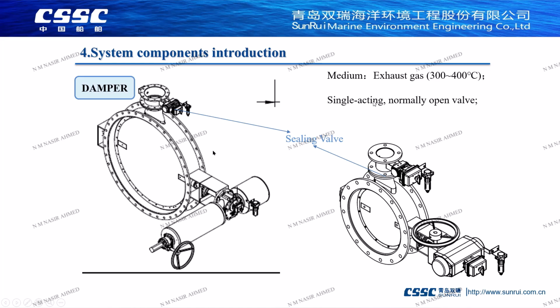When our flue gas valve is closed, our sealing valve opens and lets air in for sealing. To gas seal this flue gas valve, to ensure the flue gas valve is completely closed, and there will be no leakage of exhaust gas.